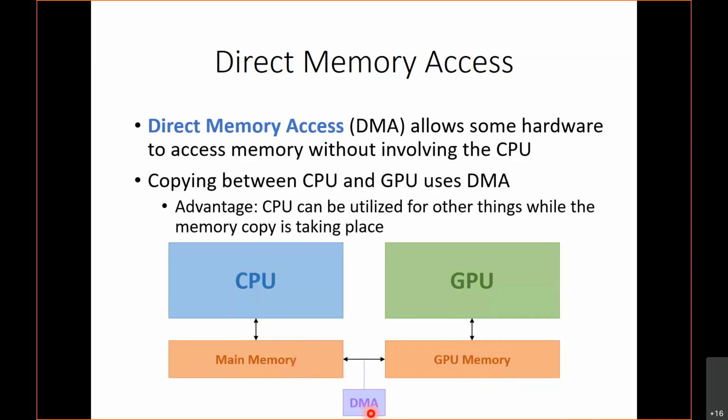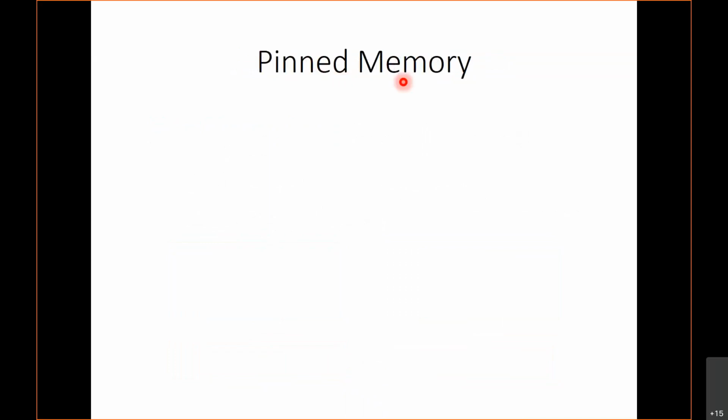So when we give the DMA a physical address to start copying, what do we have to do with the memory at that physical address? Lock it. Right, we have to lock it. We have to make sure that memory does not get moved or swapped by the OS, and that is what pinned memory is.